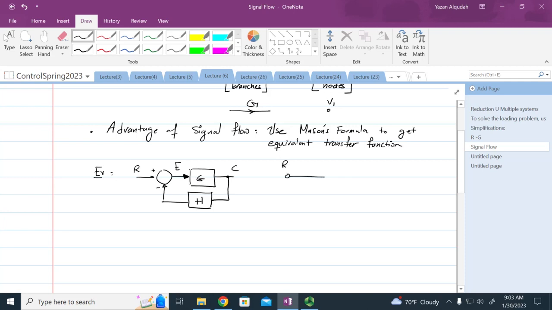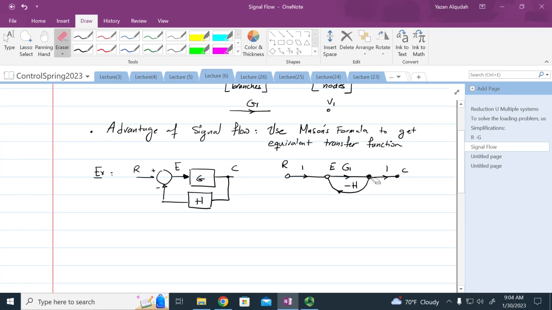We're going to have an R, which is a 1, this is G, and this is 1, and then I have a feedback, negative H. And the signal here is E.